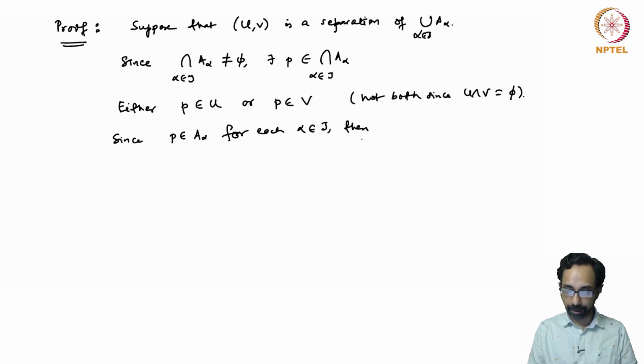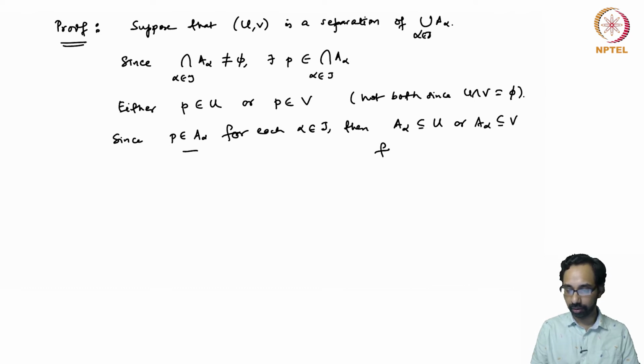So then if you take some A alpha, then P is in A alpha for each alpha, and then A alpha is a subset of U, or A alpha is a subset of V for each alpha.